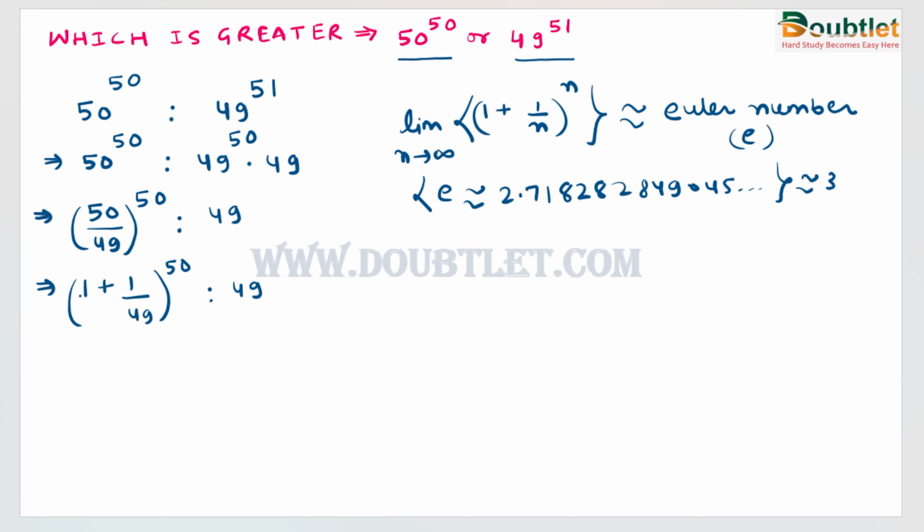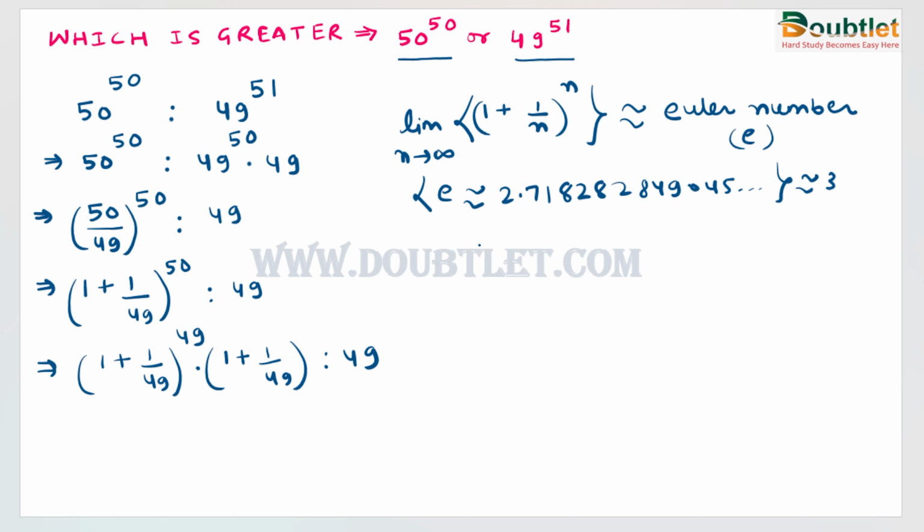Now here we have (1 plus 1 divided by n) to the power n plus 1. So first we have to convert this into the limit format. So (1 plus 1 divided by 49) to the power 49, then (1 plus 1 divided by 49) divided by 49.